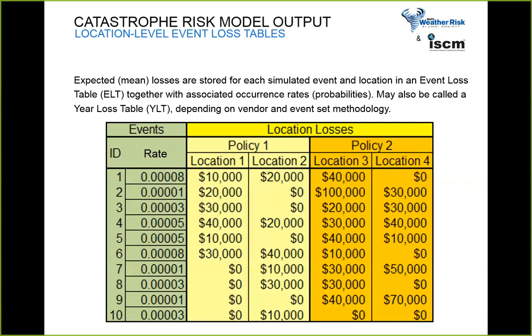And here we have hypothetical events for 2 policies, and each of these 2 policies cover 2 different locations. You can see that the model is going to store the expected losses, which are shown here, and also information about the standard deviation about it. So it'll do this for each location in your model for every event that impacts your portfolio of risks.